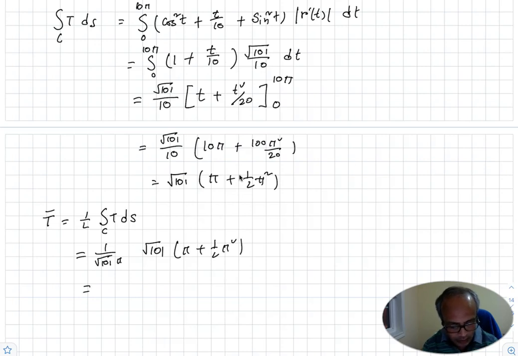So 101 gets cancelled. You can see pi can be taken out from here. Take pi out, will be 1 plus pi by 2. When pi goes out, it gets cancelled with this one.